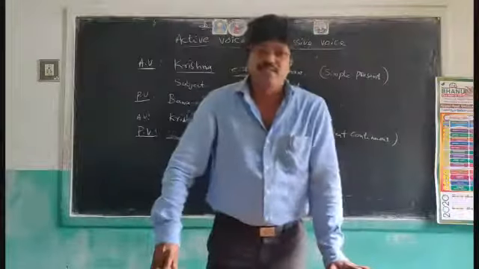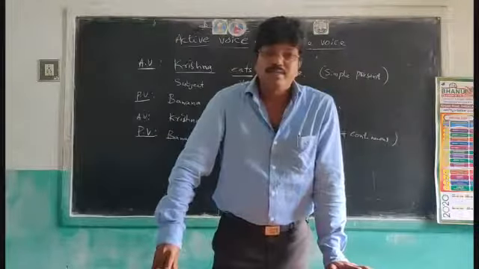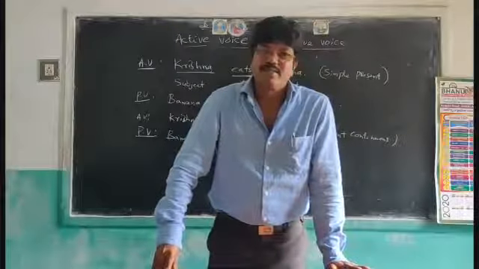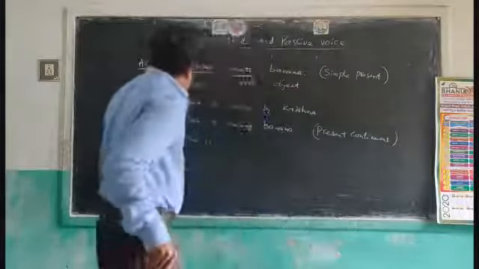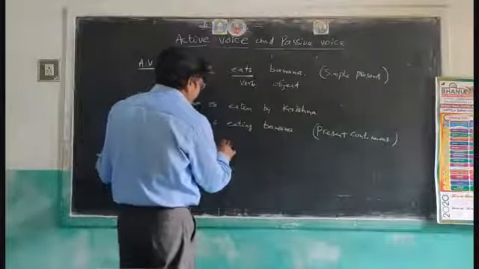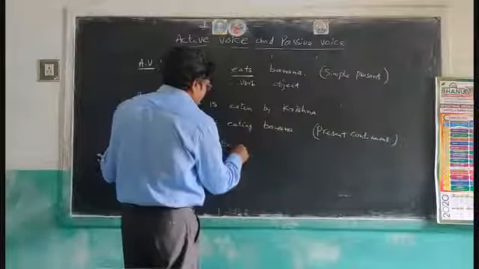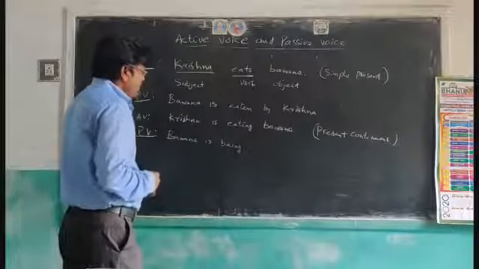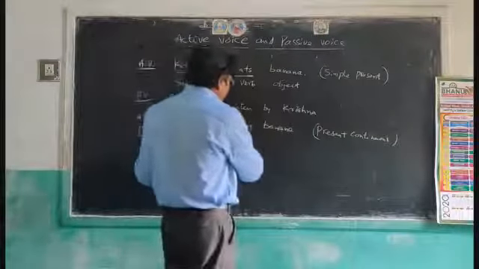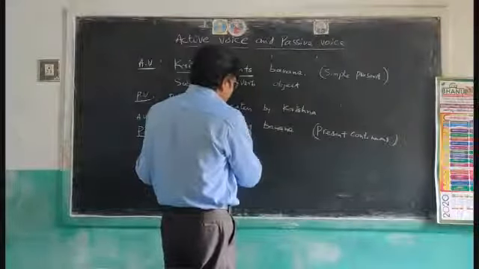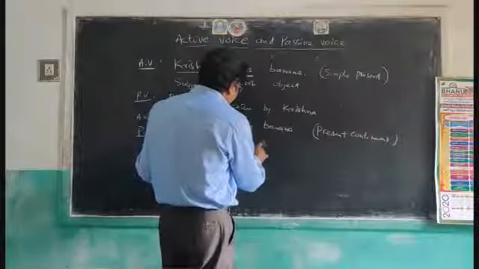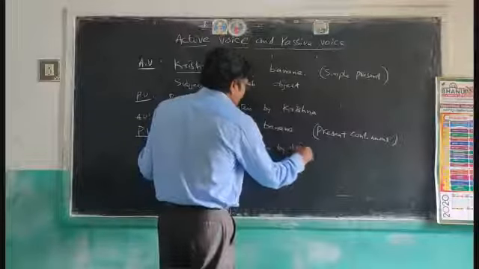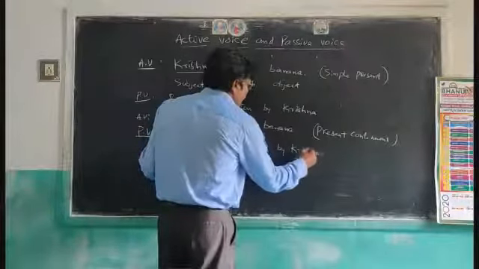In continuous tense, which be form shall we use? We use being. Banana is being. B-E-I-N-G. Banana is being. Again, we use the verb V3. Banana is being eaten by Krishna.